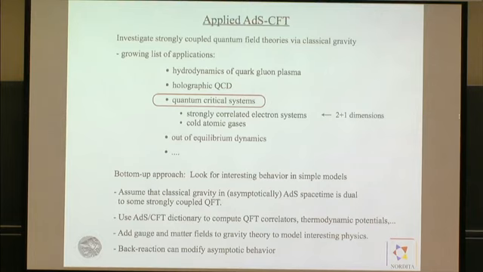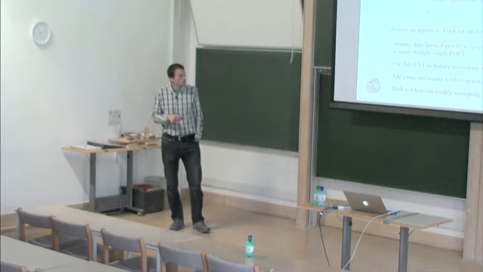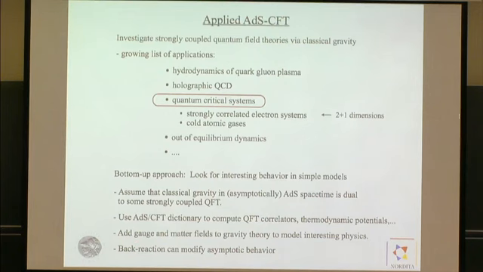Now, in order to get interesting behavior, I will couple this system to a U(1) gauge field in 4 dimensions, and also throw in matter in the form of fermions in the bulk to get at the physics that I'm interested in.